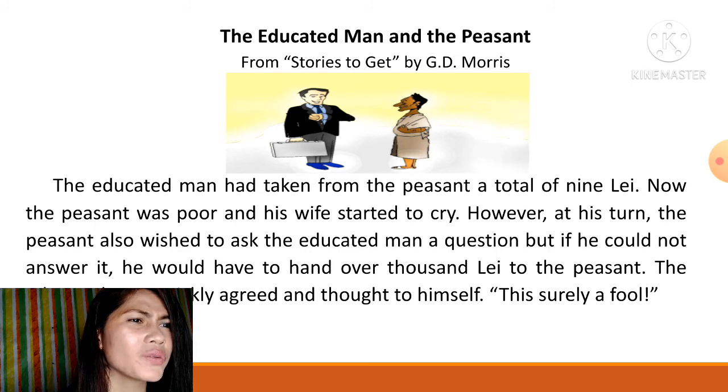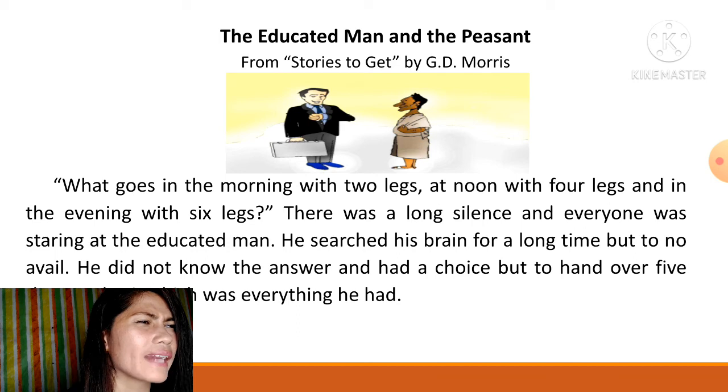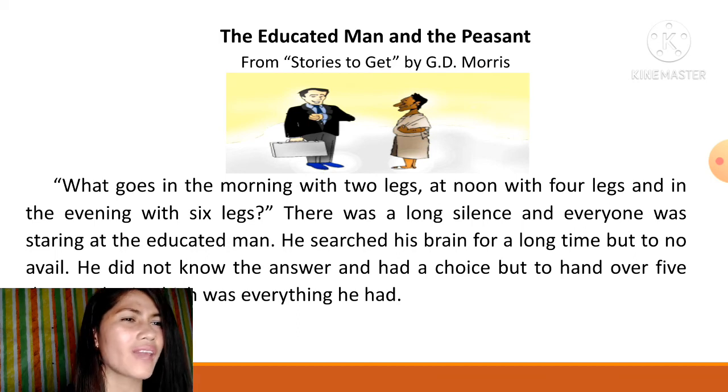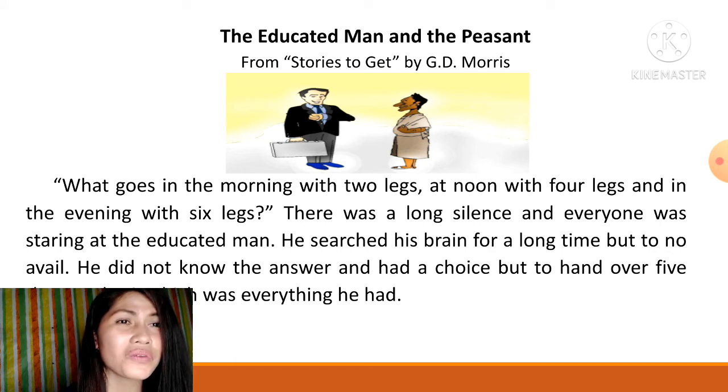The educated man quickly agreed and thought to himself, "This is surely a fool." "What goes in the morning with 2 legs, at noon with 4 legs, and in the evening with 6 legs?" There was a long silence, and everyone was staring at the educated man. He searched his brain for a long time, but to no avail.